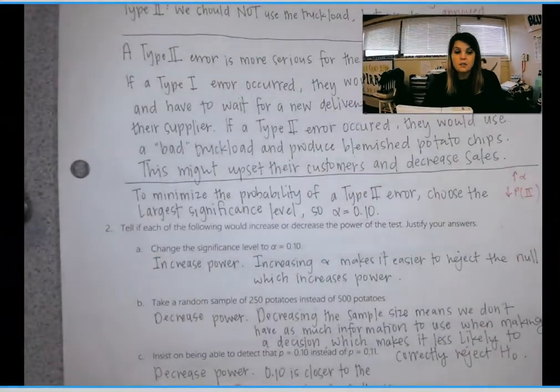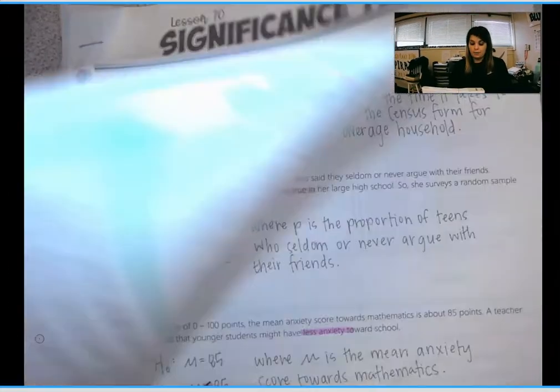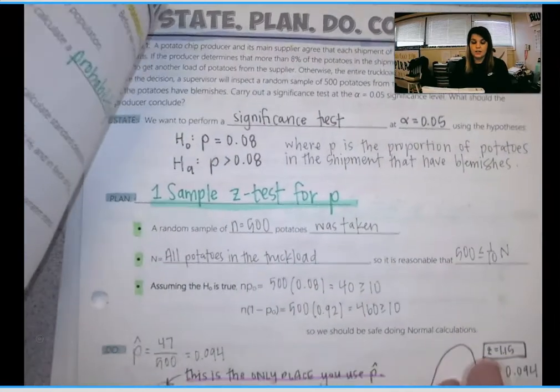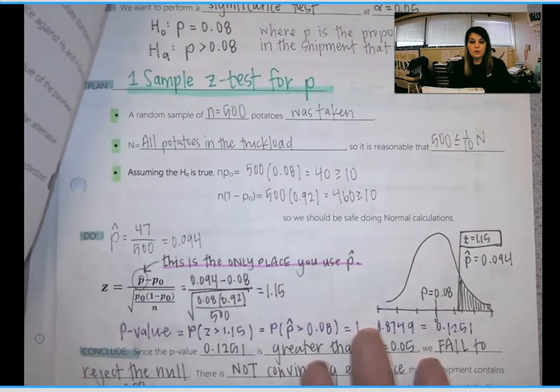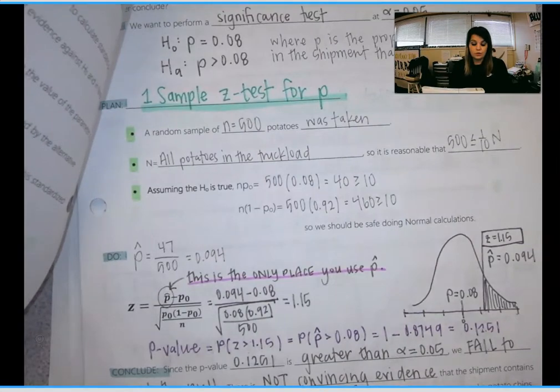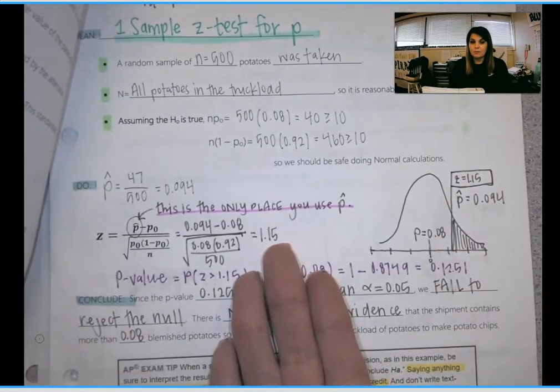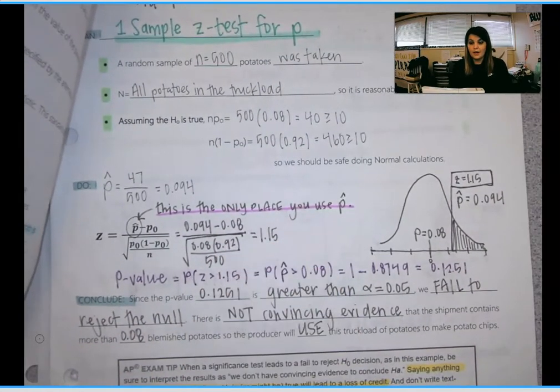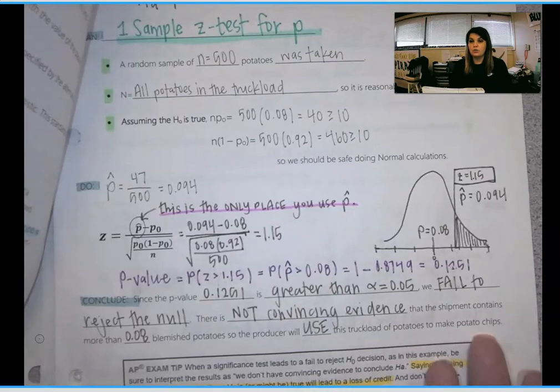So, if you are feeling that, do not despair. We're going to focus on the things that we feel really good about. So for me, I feel really good about being able to do a test. So I feel really good about the state, plan, do, conclude, finding the probability, the p-value, and deciding whether or not to reject.